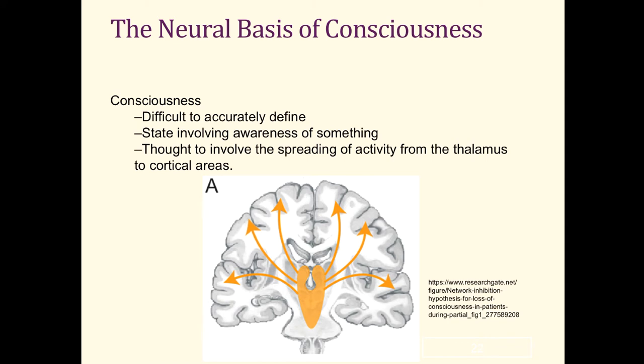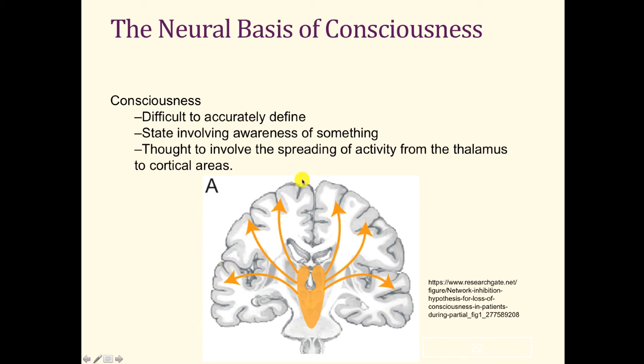Now we're going to take a look at what we know about the neural basis of consciousness itself. Consciousness can be a difficult concept to define. It is sometimes defined as a state involving awareness of something, so that consciousness is consciousness of something else. It's thought to involve the spreading activity from the thalamus to the cortical areas.